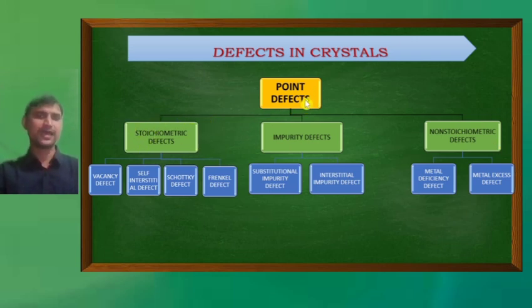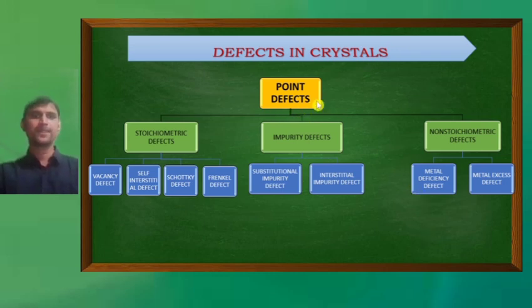Actually there are two kinds of defects, point defect and line defect. Point defect is caused by irregular arrangement of atoms, ions, molecules, and line defect is caused by irregular arrangement in lines. So now we are interested in point defects. We are going to study only point defects.